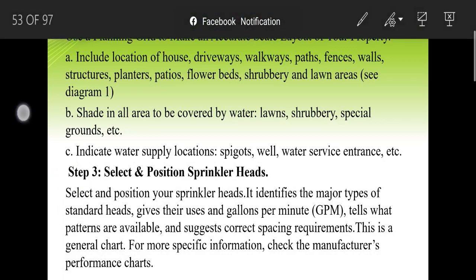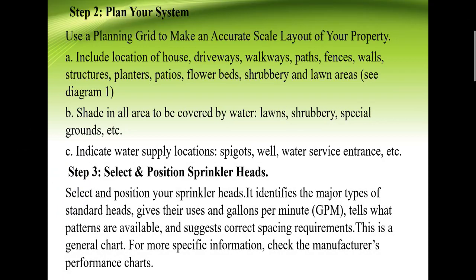Step 3. Select and position your sprinkler heads. This chart identifies the major types of standard heads, gives their uses and gallons per minute or GPM, tells what patterns are available, and suggests correct spacing requirements. This is a general chart. For more specific information, check the manufacturer's performance chart.